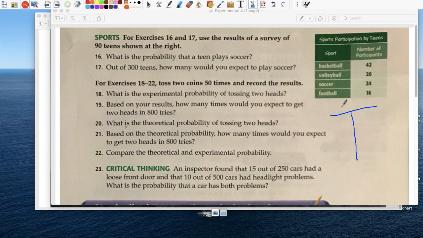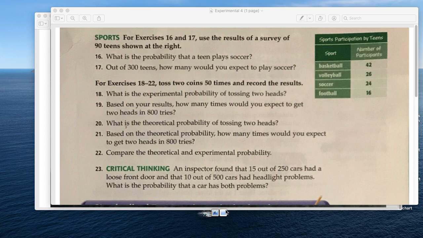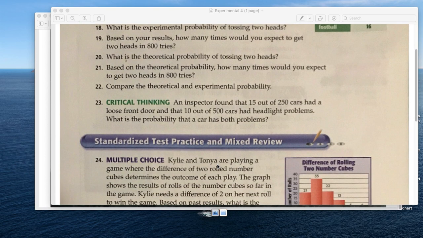Toss 2 coins 50 times. You can skip this, okay? But if you want to do it, just for a little practice, you can, but you can skip this. Okay, so actually I'll make a comment very quick.